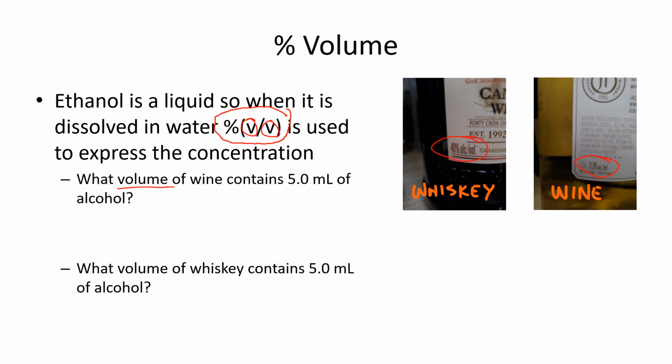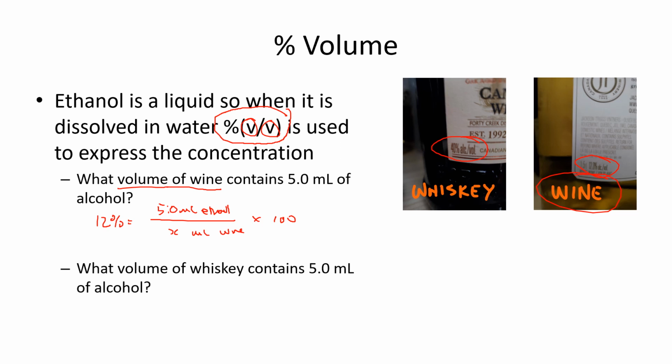This time we're looking for the volume of the wine. So the wine is the solution. And so we're looking at this guy, and it looks like 12% ethanol in the wine. So we've got 12% equals the 5.0 milliliters of ethanol in X milliliters of wine times 100.